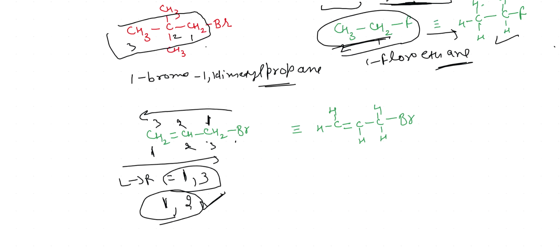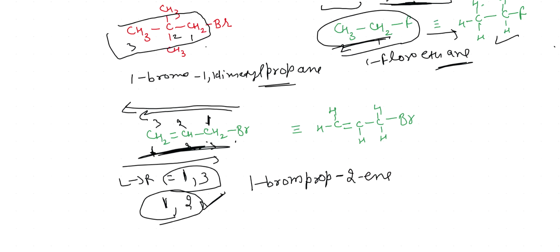So its name is 1-bromo. Word root is 3 carbon prop, and there is a double bond between the second and third carbon. So 2-ene. 1-bromoprop-2-ene. Here you can also write this formula in open chain.